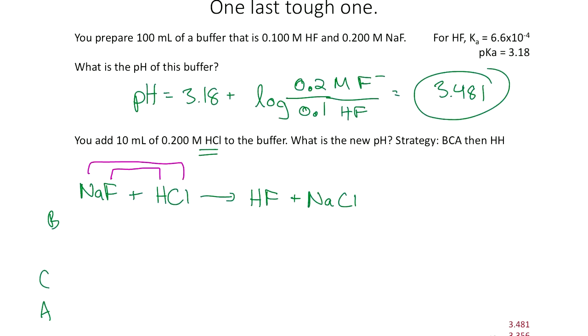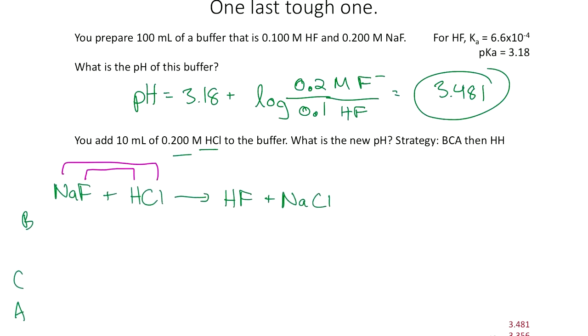Right, what is the unit in a BCA table? Moles. So here, everything's in molarity, so I need to convert all of those into moles. Do you want to work in moles or millimoles? Millimoles, yes. So 100 milliliters of 0.1 molarity HF. How many millimoles is that? 10. 10 millimoles of HF is present in this mixture.